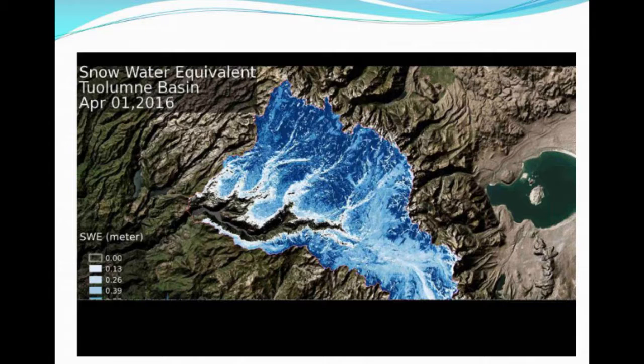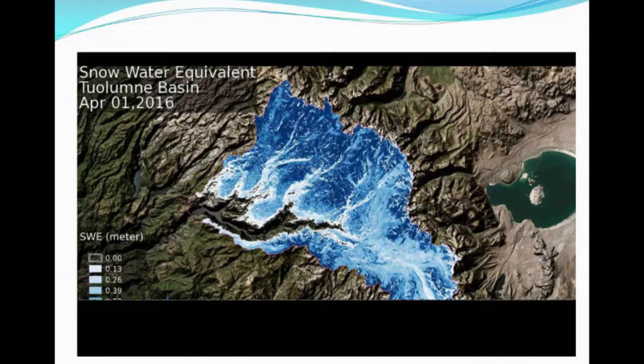This is kind of an amazing diagram. What they did was they took a model of the water content of snow, and they basically stacked the water up on the landscape there. So that the darker blue areas are equivalent, larger depth of water, and the lighter ones are shallower.